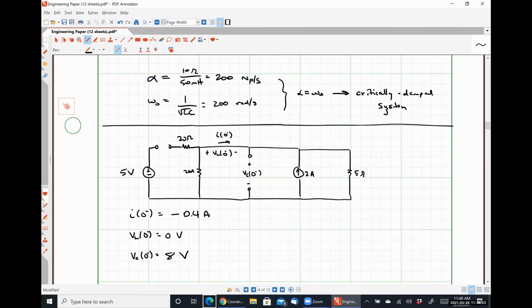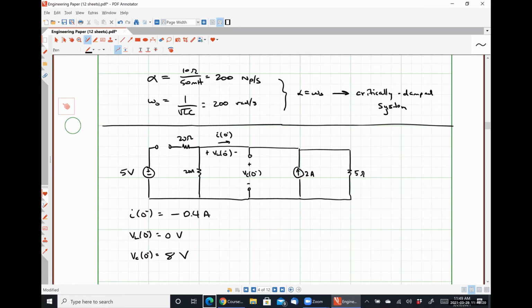Yeah, and that negative sign also makes sense from a current division perspective, right? So based on current division, we know that this 2 amps is going to split between the 5 and the 20, and we should expect to see that 80% of it flows through the 5 ohm resistor, 20% of it flows through the 20 ohm resistor based on the ratio of those resistances.